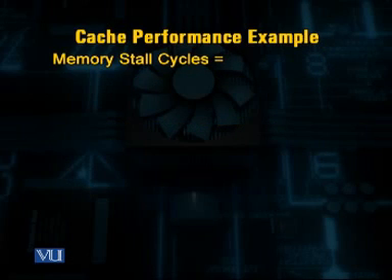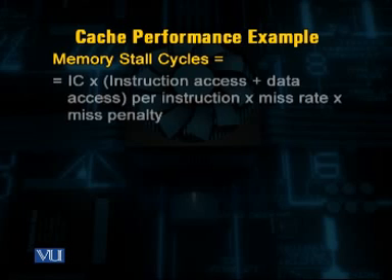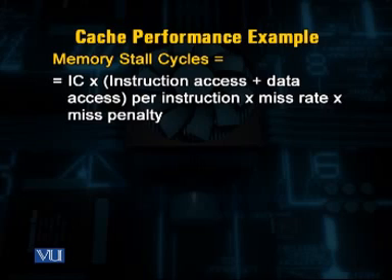Now, the memory stall cycles due to cache can be determined as the instruction count multiplied by the instruction access plus data access per instruction.